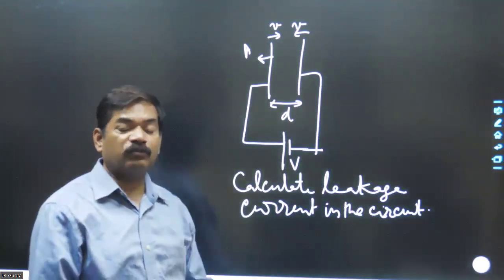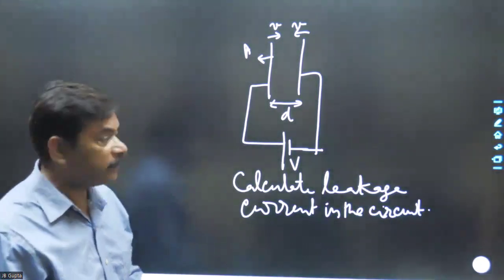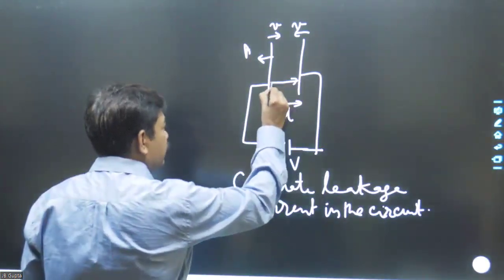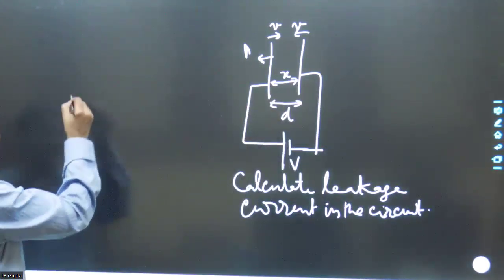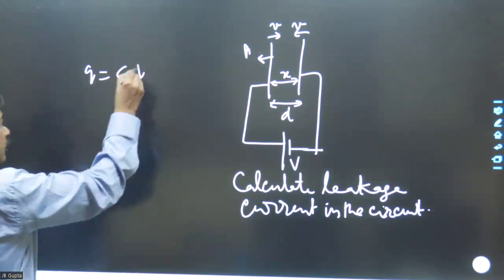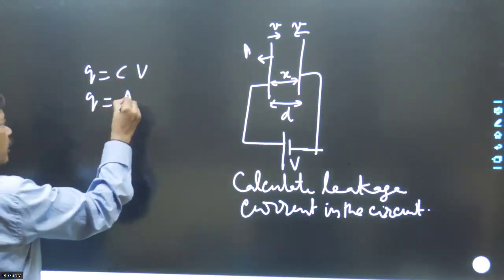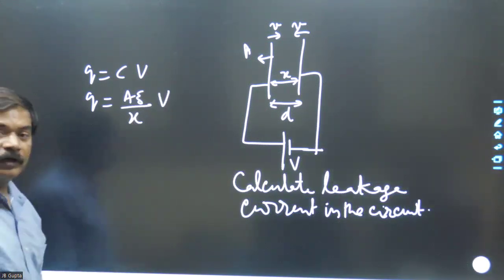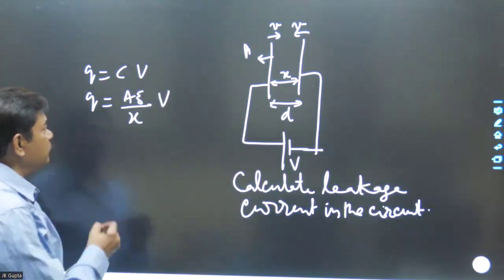Obviously, the rate at which charge increases is called leakage current. Suppose at any point of time the separation is x. Then the charge Q equals CV, which is A epsilon naught upon x into V.